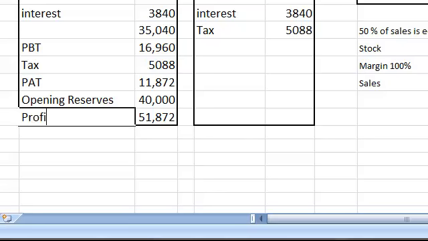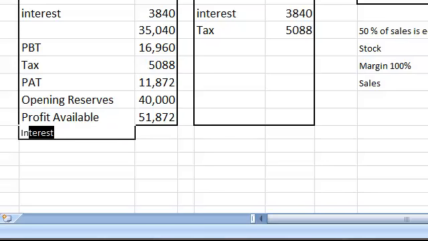So we can write this down as profit available for distribution of dividend. Out of this, an interim dividend was paid. An interim dividend is a dividend paid during the year in between two annual general meetings.